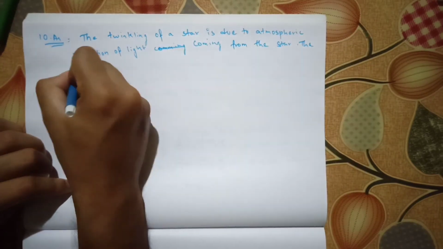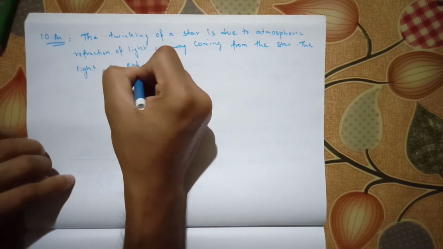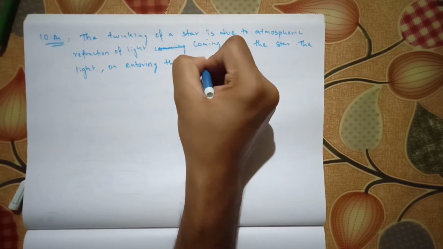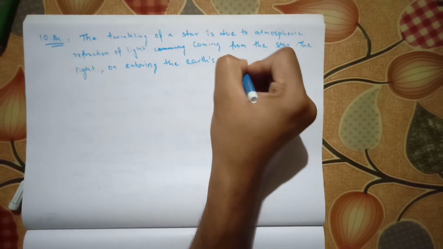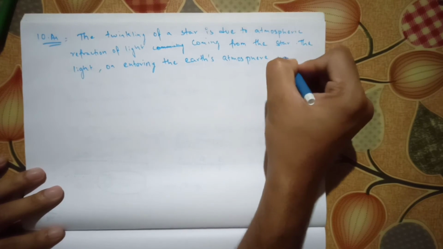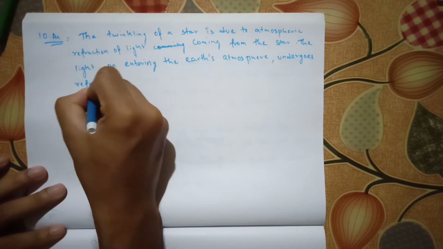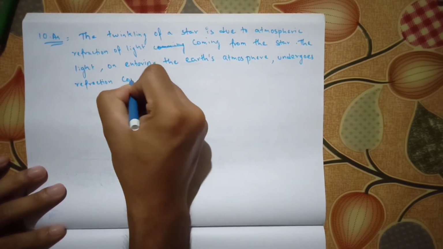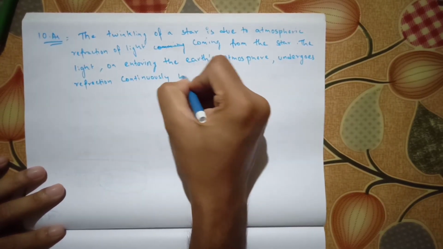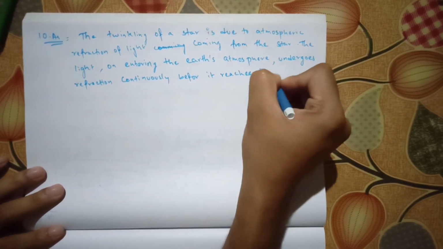The light on entering the Earth's atmosphere undergoes refraction continuously before it reaches the Earth.